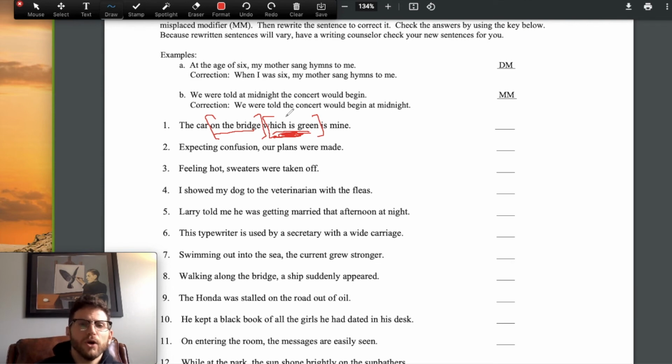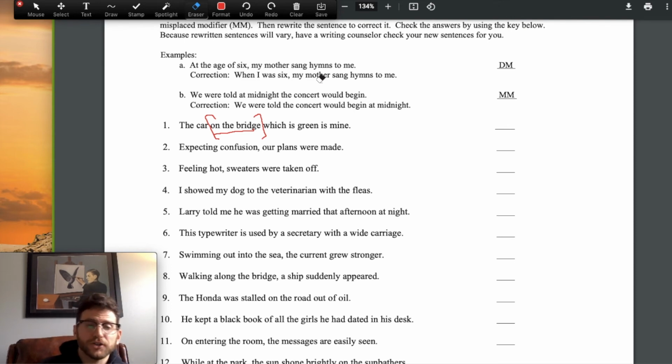So which is green is another way of introducing a modifier or adjective information, and the exact same rule applies. The rules are exactly the same as placing a prepositional phrase or a participial phrase. We want that modifier to be as close to the word it is modifying as possible.